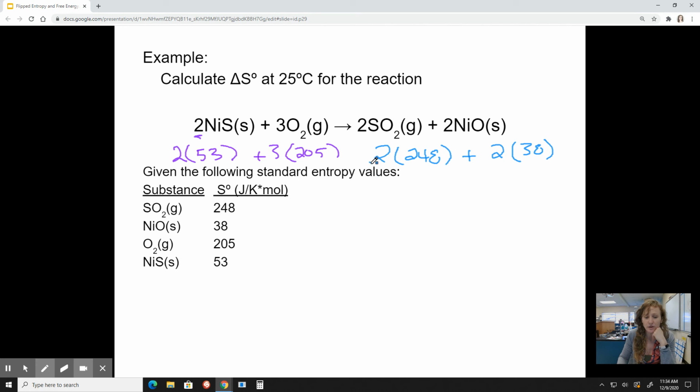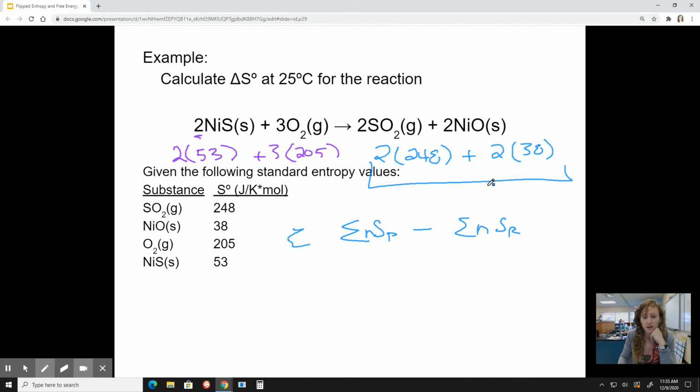Okay, so remember, the equation is the sum of S of the products multiplied by all their molar coefficients minus the sum of all the reactants multiplied by their molar coefficients.